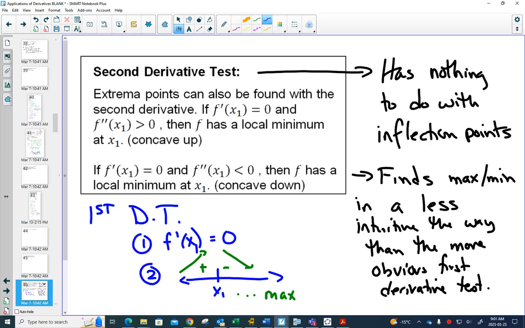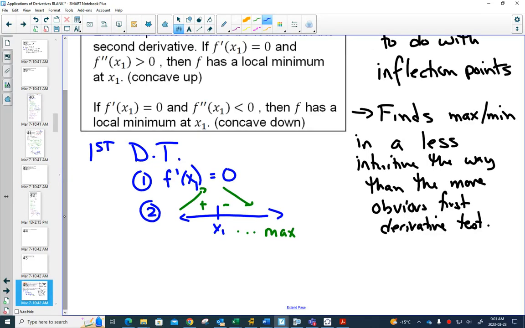The second derivative test says the following. You still do the first part. You go, ooh, I found out f prime is equal to 0. And even though it would be very natural to do the first derivative test next, I'm going to skip it. And instead, I'm going to put a little x1 here again.